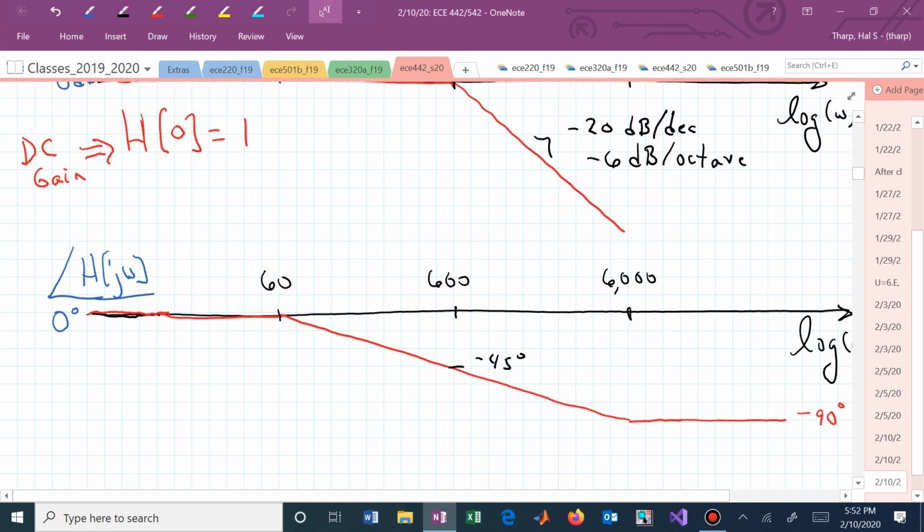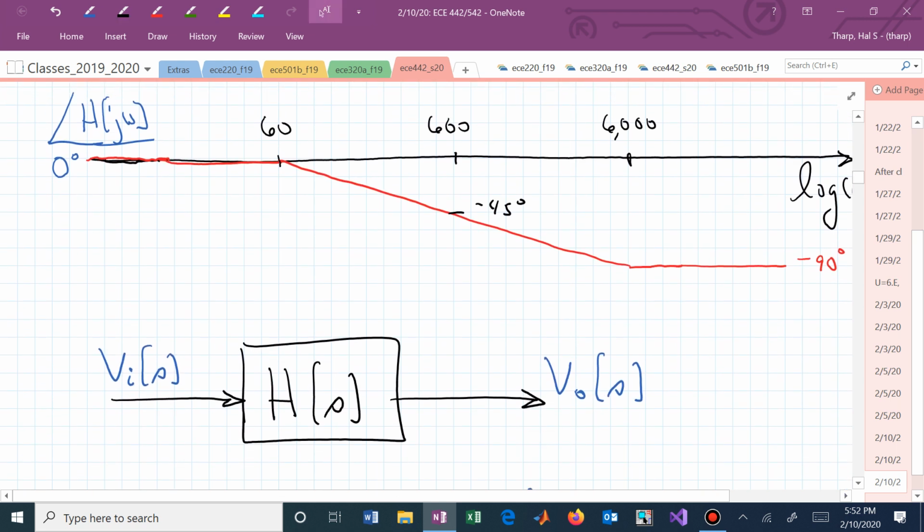Why do we care? Well, now we could answer anyone's question if they said, I'm going to shake your system with an input at some frequency, and you now have a continuous time system. That's the low-pass filter H of S. What's the output going to do? That's what the Bode plot allows us to determine for any omega.